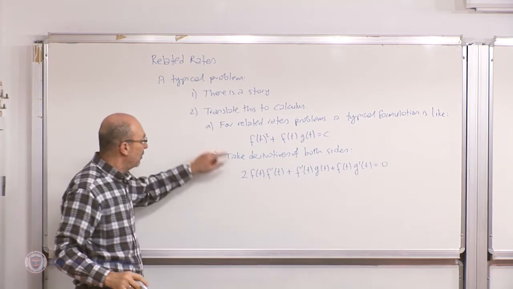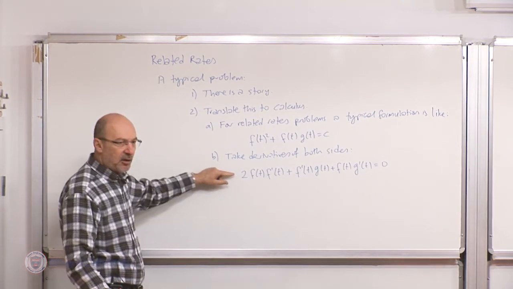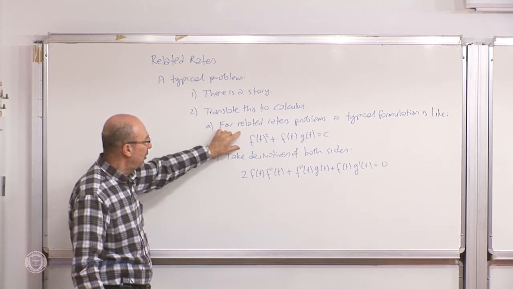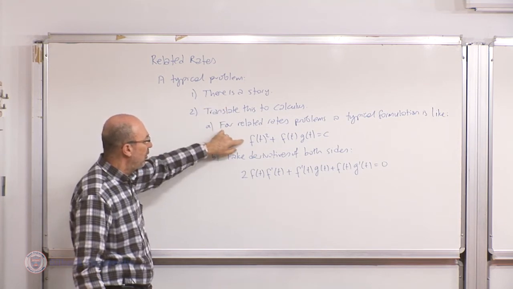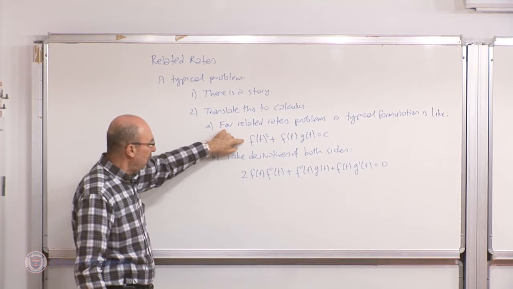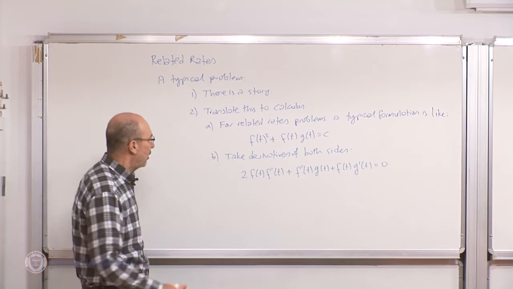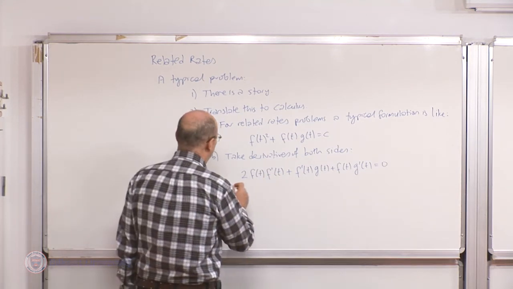Okay, so this is for related rates. This stage is again typical. After you establish the relation that's narrated here, you get an equation, and you take the derivative of both sides, you obtain this. Now evaluate this at some point.